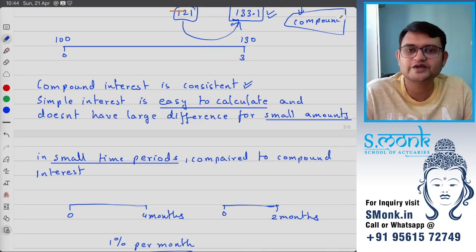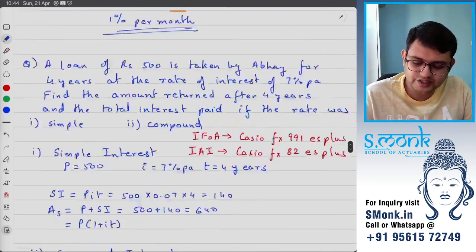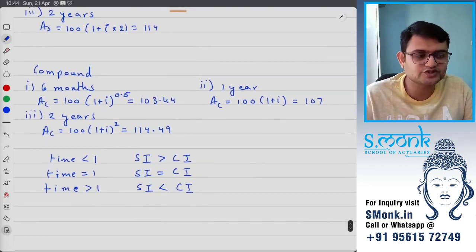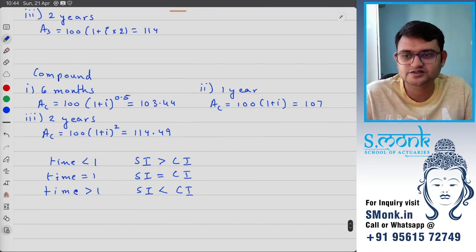That's the reason why we use simple interest even today, not because it is giving me more interest or less interest.